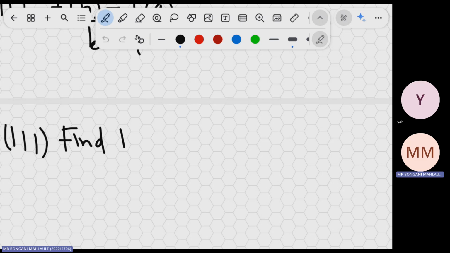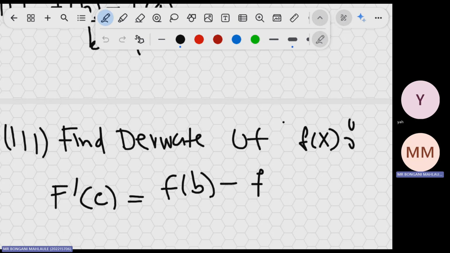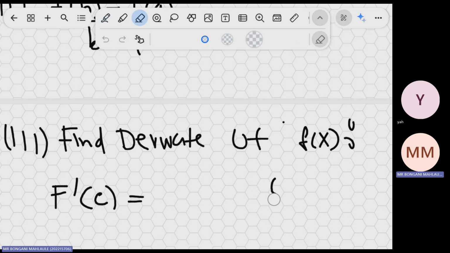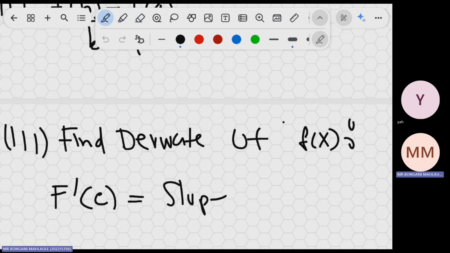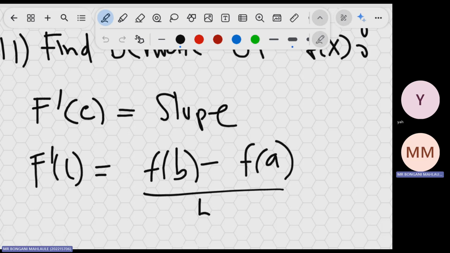We must find the derivative of our function f of x such that the derivative at a certain point must be equal to the slope. Meaning f prime of c must be equivalent to f of b minus f of a over b minus a.